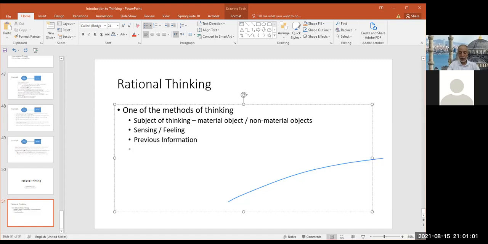And then I need the ability to correlate the previous information to the subject. So if I have these four components, these are the components.